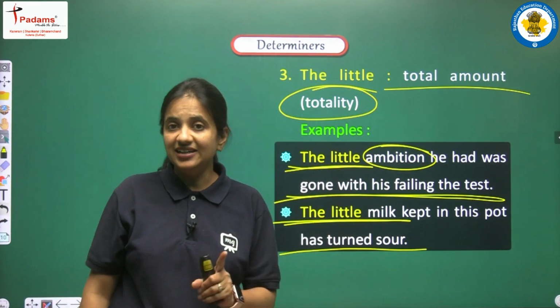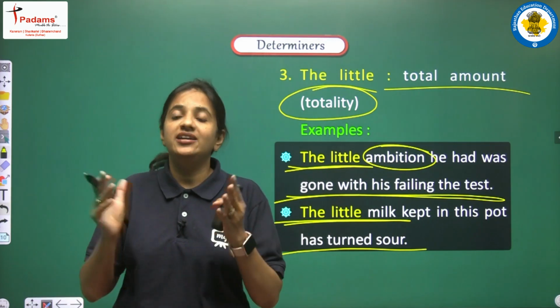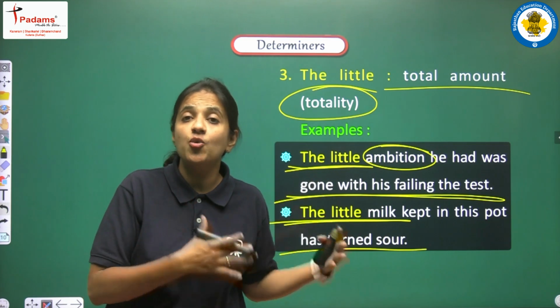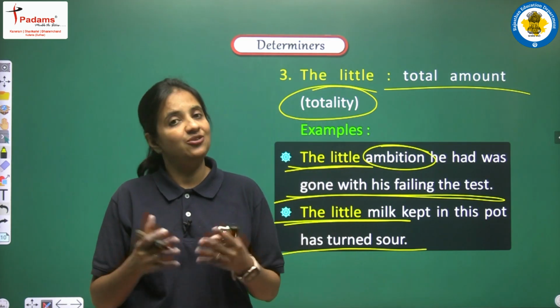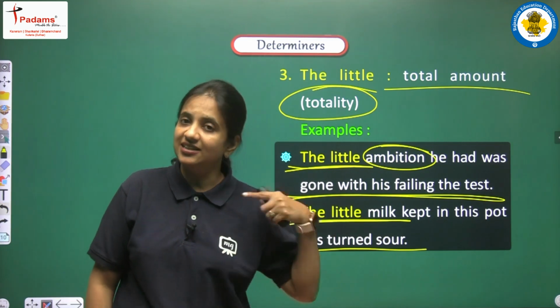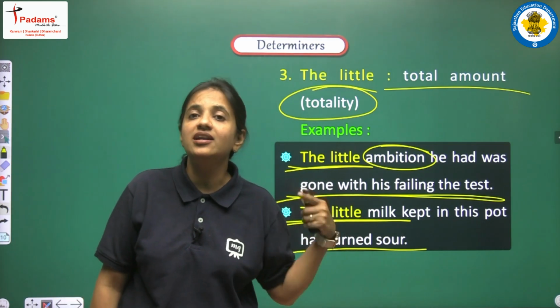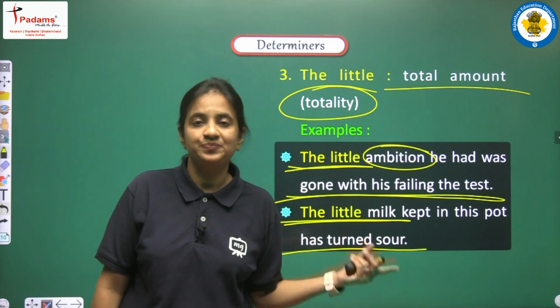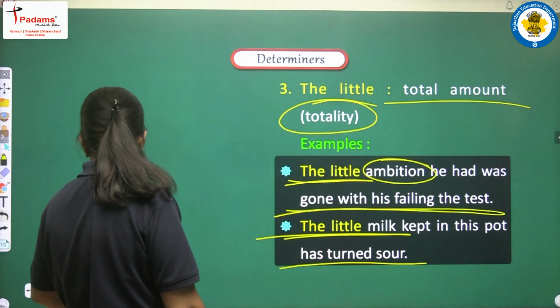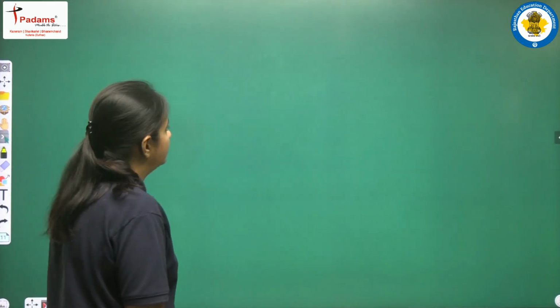So yes, the little, just like the few, is used to show the totality, the total quantity. And yet again the difference is the same. The few is used for countables, and the little is used for uncountable nouns. Clear? Let's take some more examples to clear this in a very good manner.